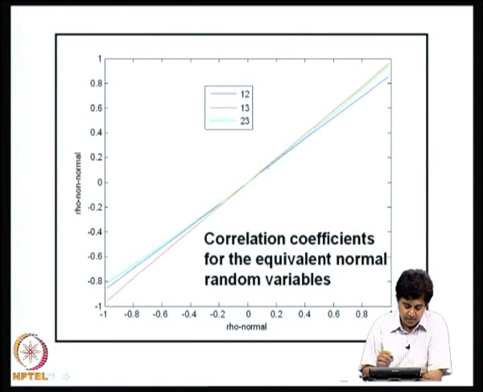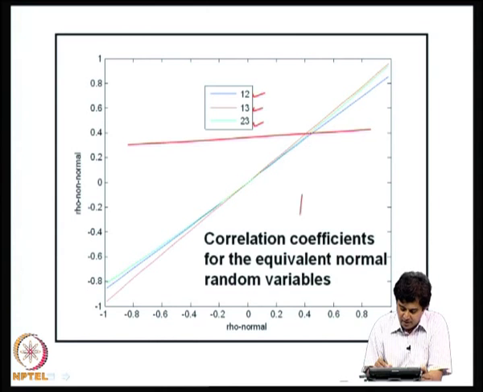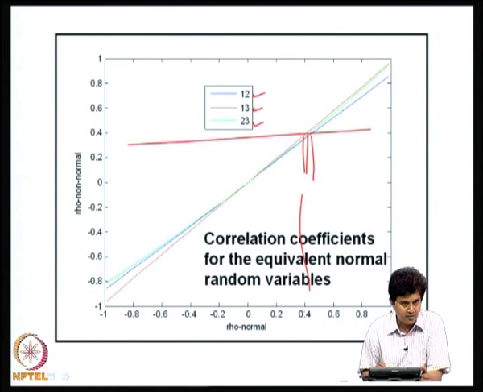The plot between rho star and rho is shown here. So, this is -1 to +1 and this is -1 to +1 and this is for x1 x2, x1 x3 and x2 x3. This is a plot that we get by solving those integral equations for various values of rho star from -1 to +1, and this is the rho that we get, and we know the target number here and we can read off from here the corresponding rho star.